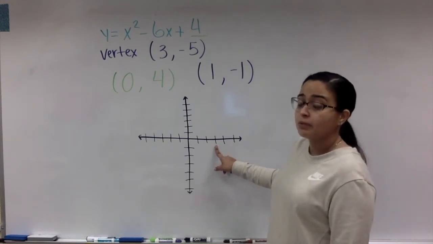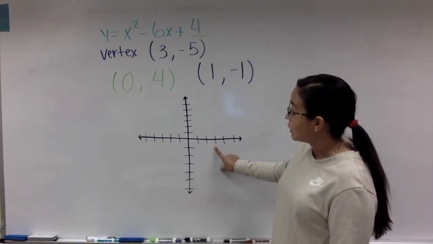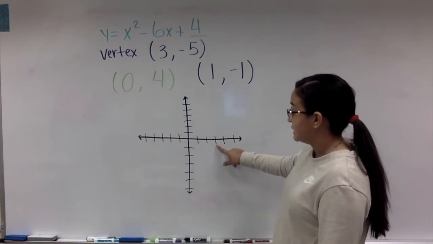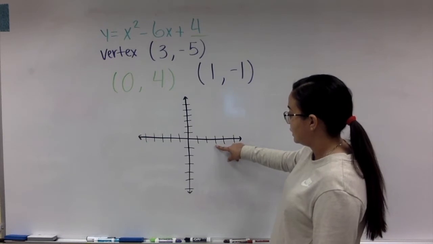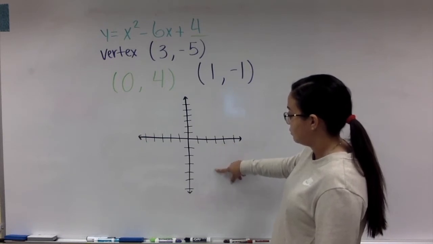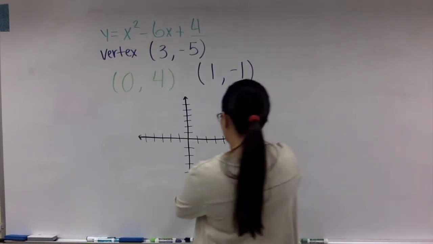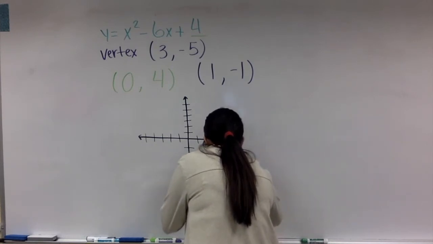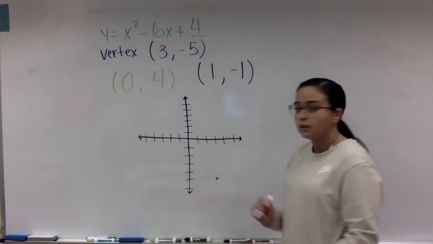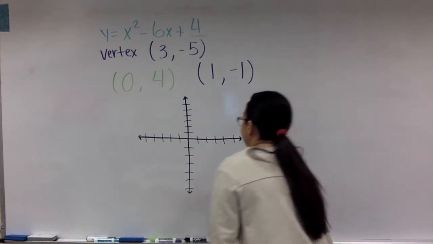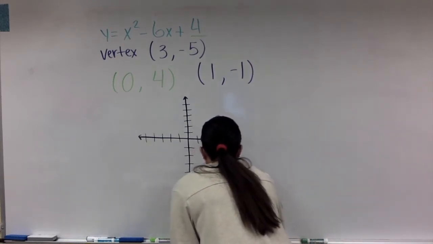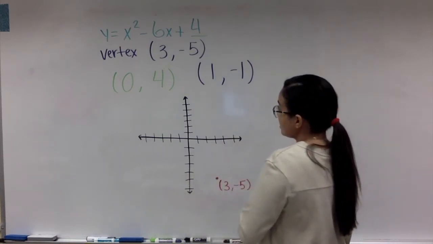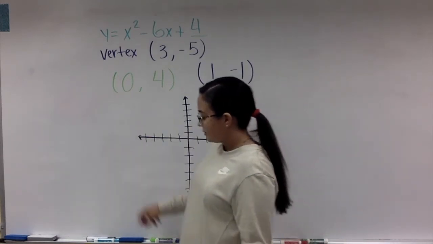Now we're going to be moving down 5 times down the y-axis because our point is negative 5. That is our vertex. Let's go ahead and label it. 3 and negative 5.